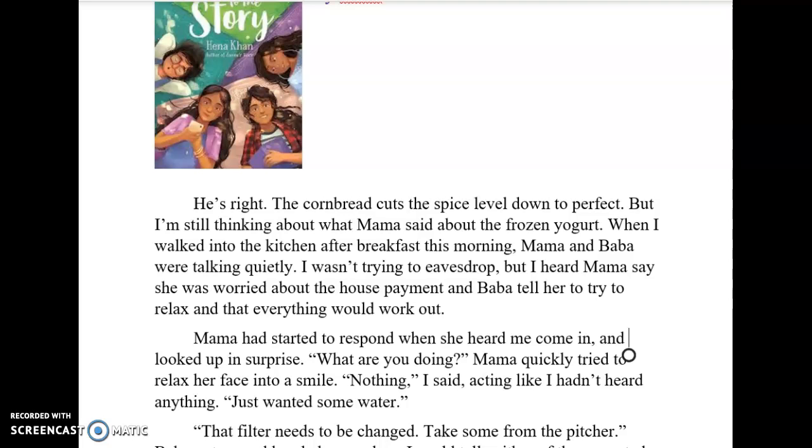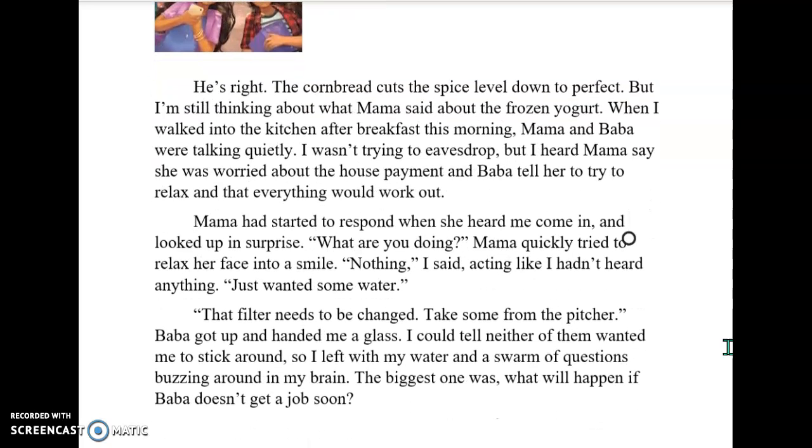He's right. The cornbread cuts the spice level down to perfect, but I'm still thinking about what Mama said about the frozen yogurt. When I walked into the kitchen after breakfast this morning, Mama and Baba were talking quietly. I wasn't trying to eavesdrop, but I heard Mama say she was worried about the house payment and Baba tell her to try to relax and that everything would work out. Mama started to respond when she heard me come in and looked up in surprise. "What are you doing?"